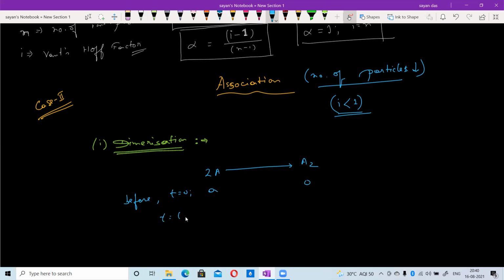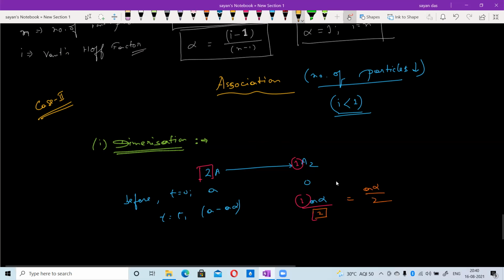At t equals t, I always told you the left hand side always, and right hand side, A into A alpha. Stoichiometry, nothing is mentioned, means this one is 1 and this one divided. So basically this one converted to A alpha by 2.